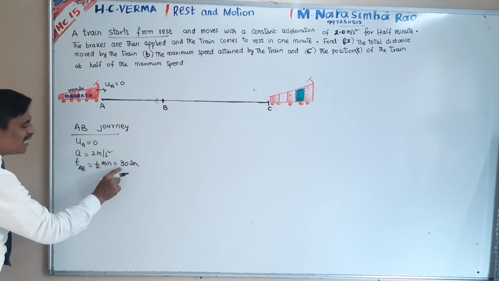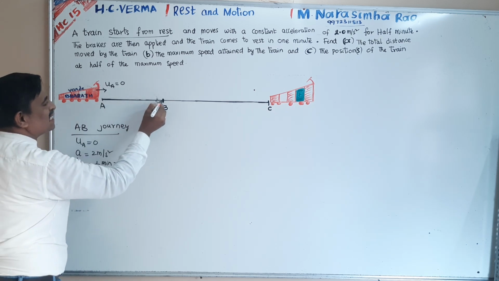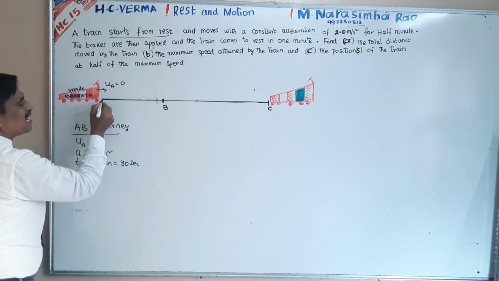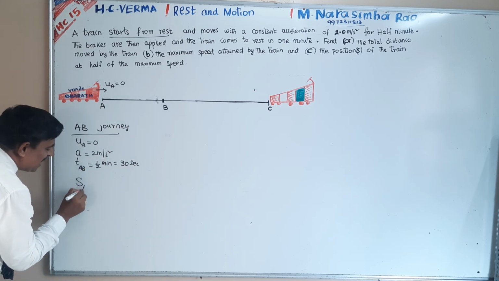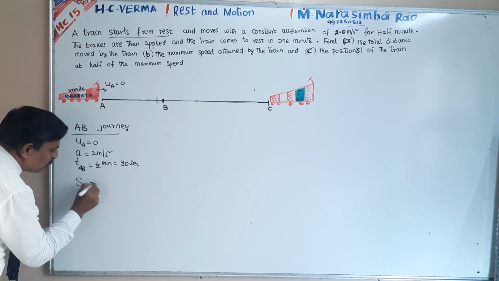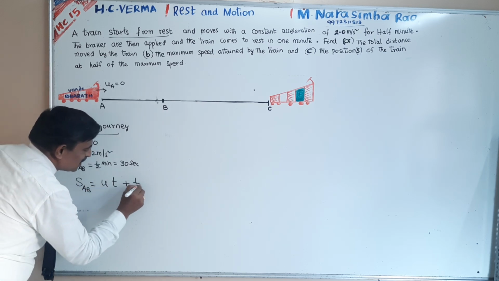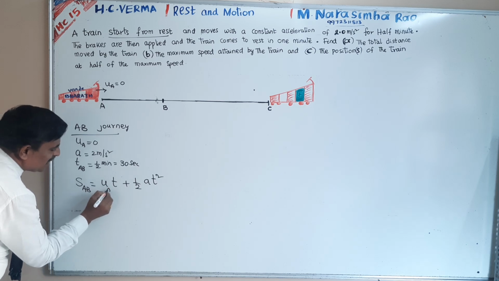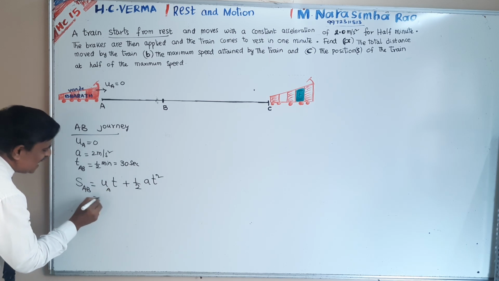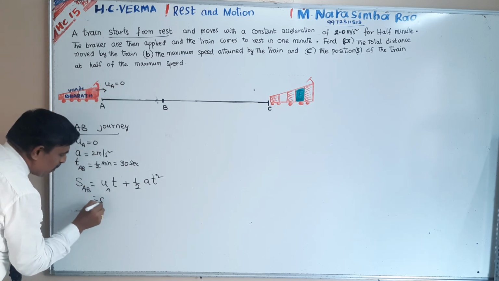Now, in this half a minute, I am calculating the distance traveled from A to B. Distance traveled, S is equal to UT plus half AT square. The initial velocity at A: it is starting from rest, so initial velocity is 0.